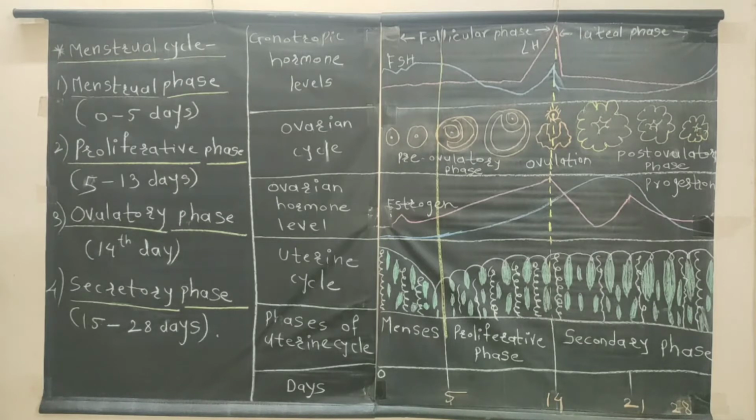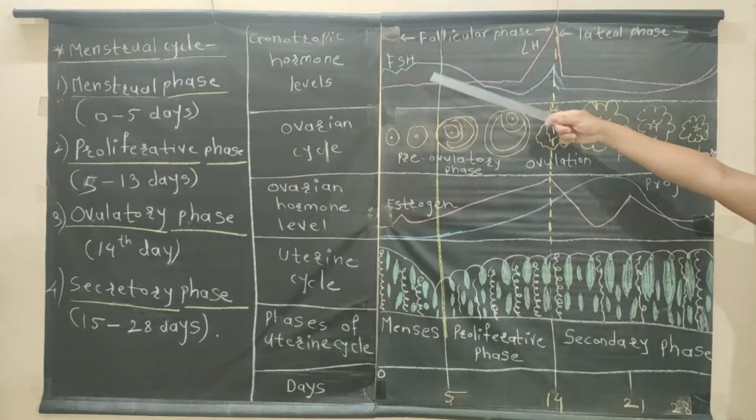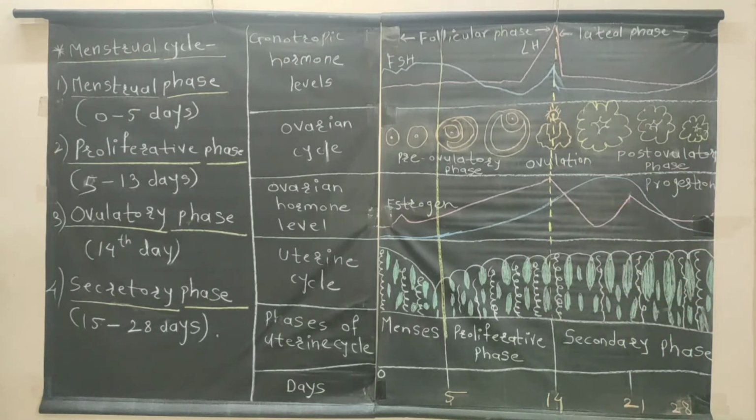In that phase, hormone levels increase and decrease. So there are 2 hormones. First is FSH. FSH means follicle stimulating hormone, and this hormone helps in the growing of an egg. Second is LH. LH is the luteinizing hormone, and this hormone triggers ovulation and development of the corpus luteum.